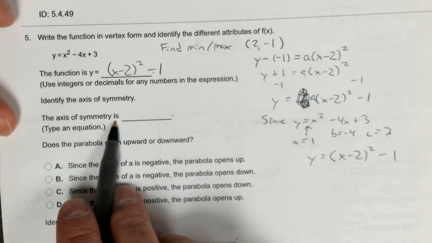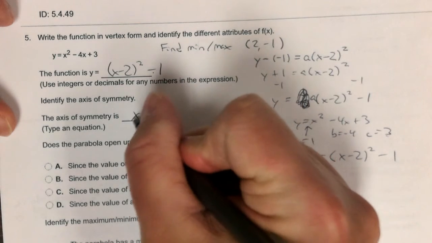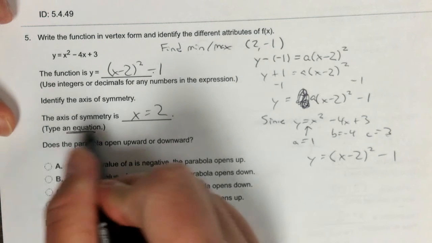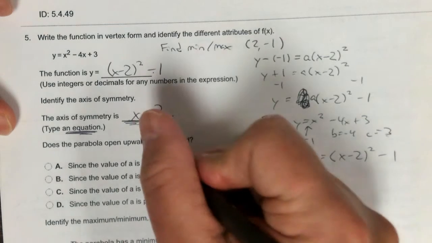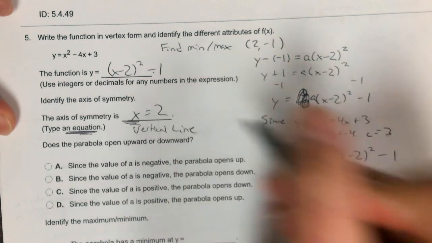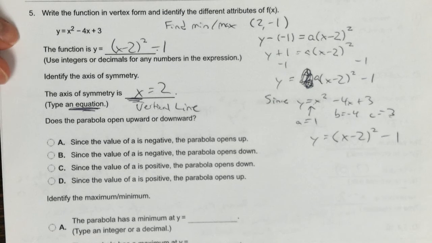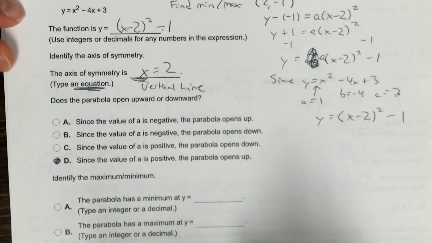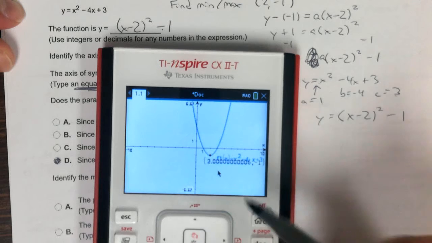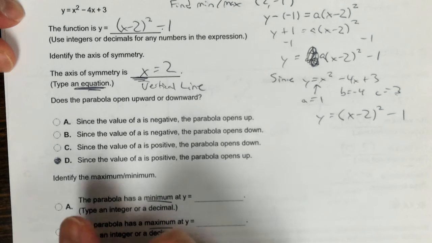So then your axis of symmetry would go through the x coordinate since this opens up, and so it's x equal 2. It does say an equation, and so you can't just put 2, you have to put x equal 2, because this is a vertical line. And since a is positive, it opens up, so that's D. And the minimum, remember if you look at the graph, this is a low point, the minimum would be negative 1. So this says minimum, this says maximum.